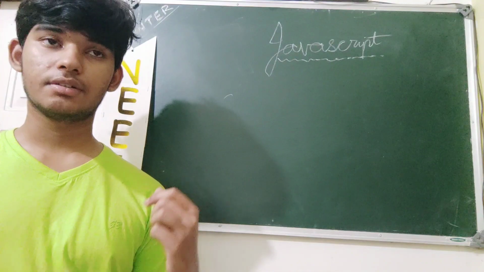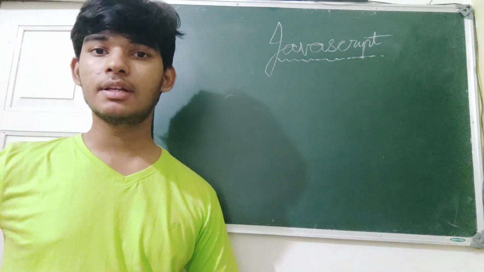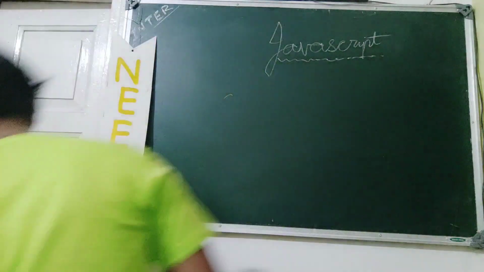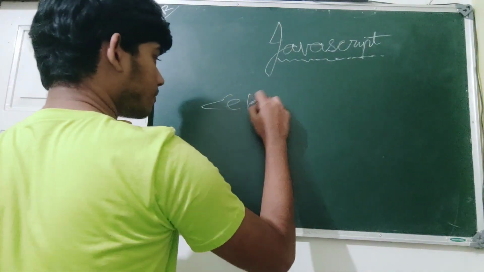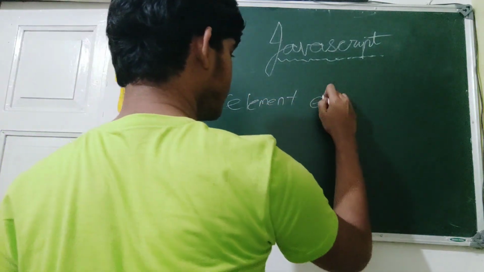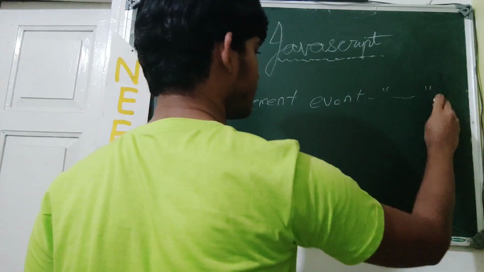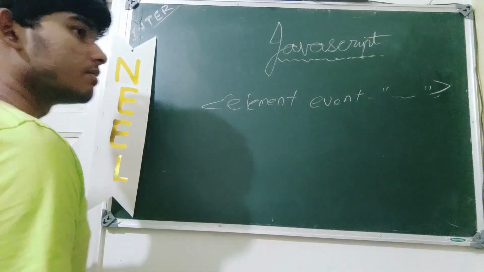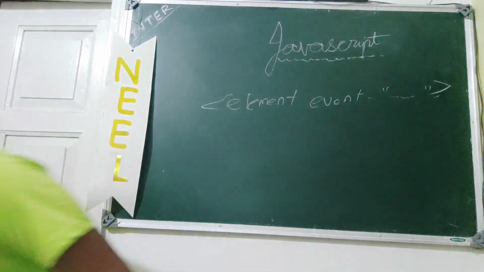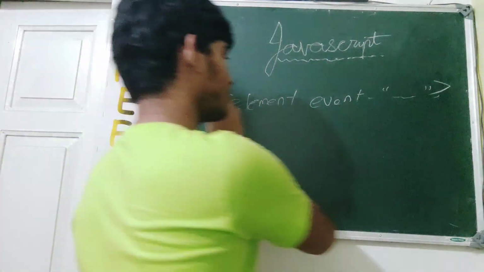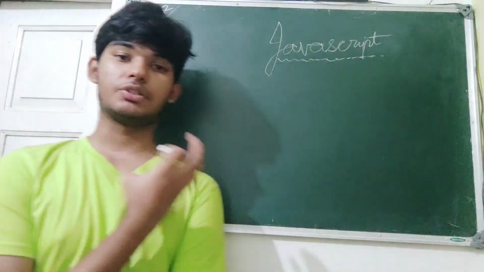In that case, you can use an event trigger so that it triggers that function when the event occurs. You can write the name of the element, event, and in double brackets what that event could be. You can add some code to it, and depending on that you can change the elements. That is basically how events work.